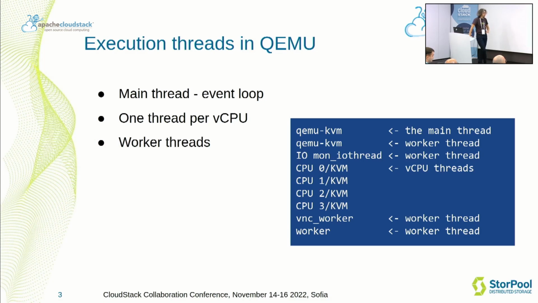It's a complete nightmare with naming in QEMU. iothread is used for three completely different, unrelated things. Then we have separate threads for every virtual CPU and some other worker threads. For example, the VNC thread that is responsible for encoding the video information, because it requires some CPU and it shall not affect the execution of the virtual machine.